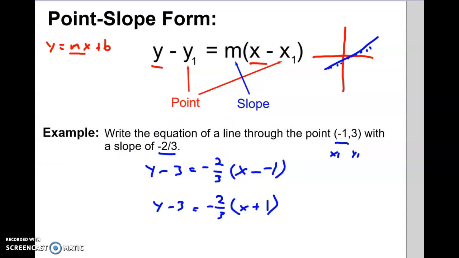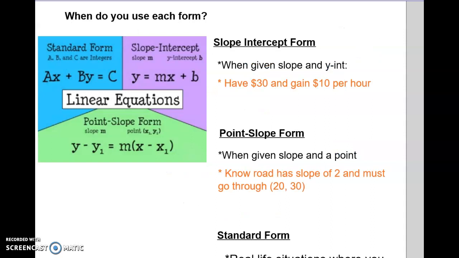Okay, so why you might use this, I guess I can briefly cover that. All the different forms are kind of shown up here. And so if you have the slope and an intercept, it's super easy to do that form, right? So in this case, we would have $10 per hour. That's our slope, 10 per hour plus 30, right? So boom, we can write this situation in slope-intercept right away.